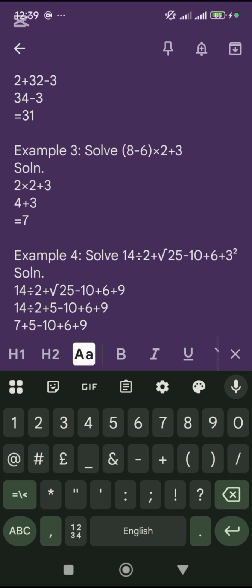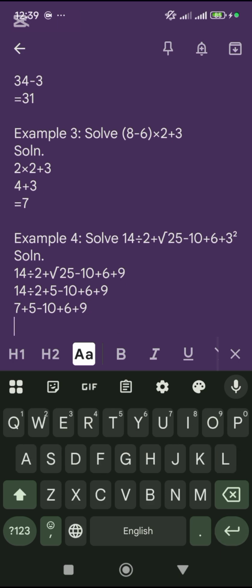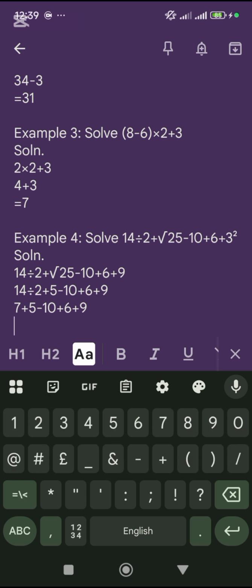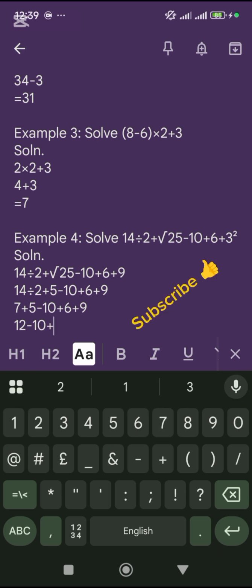And the next thing is to solve the additions. So we have 7 plus 5, and that is what? 7 plus 5 is 12 minus 10 plus, we can add up 6 plus 9 if we want, so we can have 15.